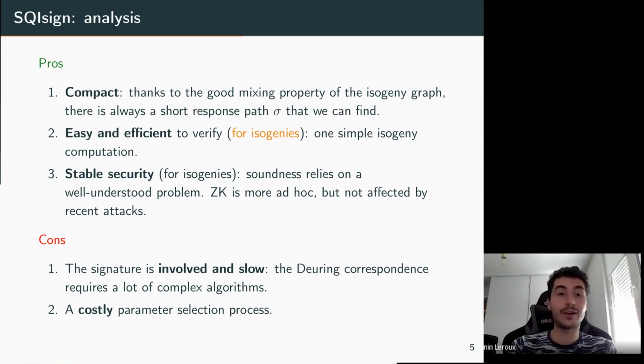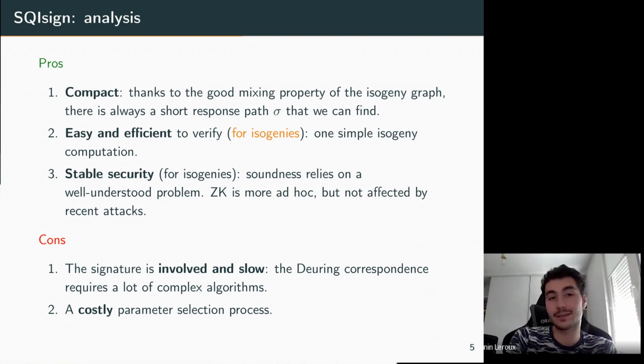Then we have an easy and efficient verification. Of course, this is in the framework of isogeny-based cryptography. The verification will never be as fast as lattices, codes, or multivariate schemes.